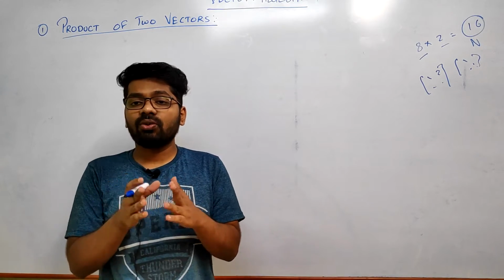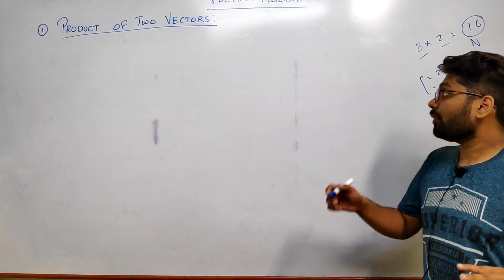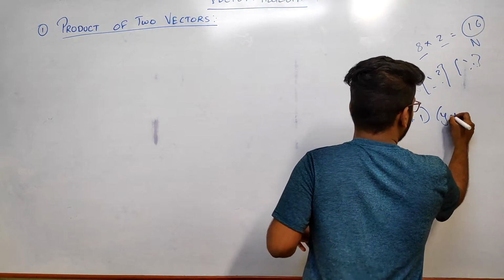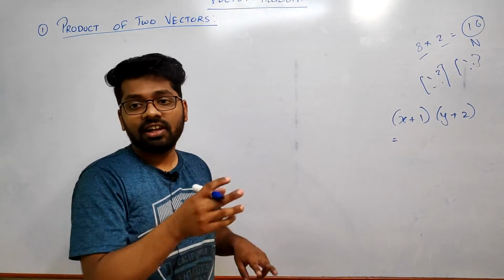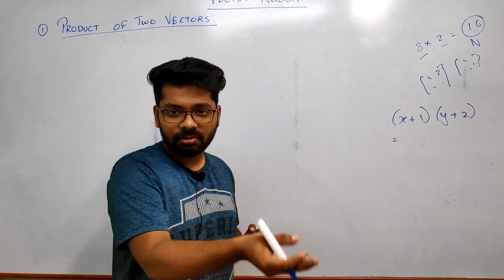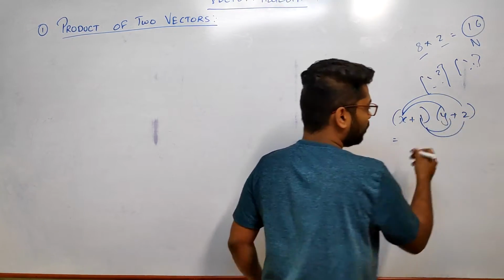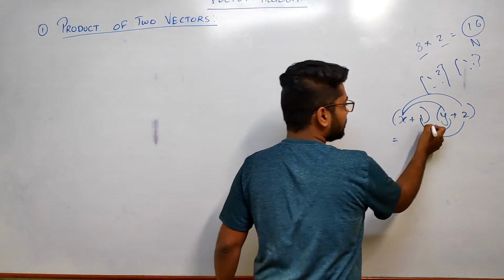Likewise, whenever you multiply two functions, there are two possibilities. Point to point multiplication is there, like x plus 1 into y plus 2. If you had to solve these two equations, there are two methods of solving. In the product itself, you can do point multiplication, meaning you can multiply with both, or else you can go for composition of function.